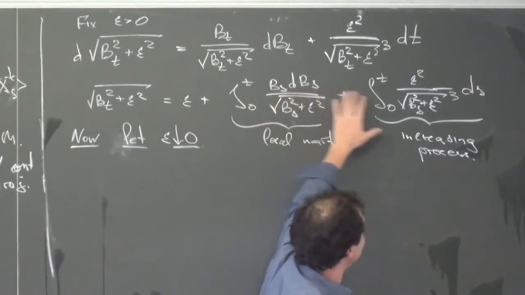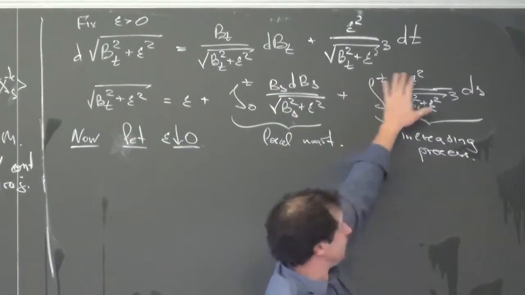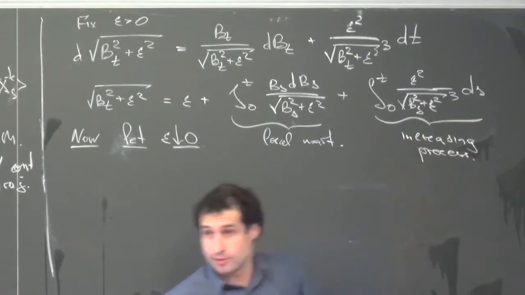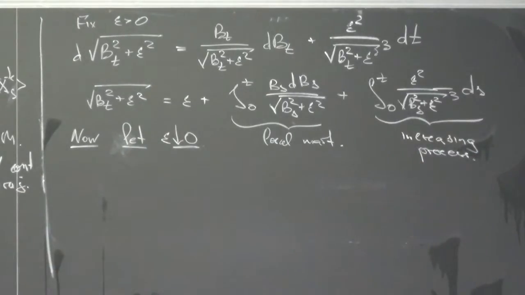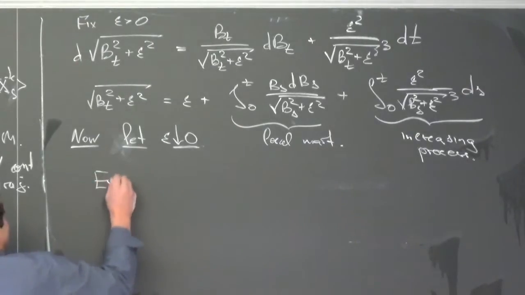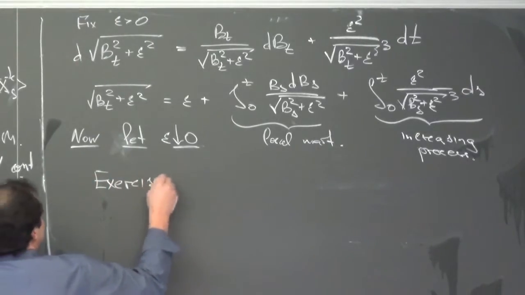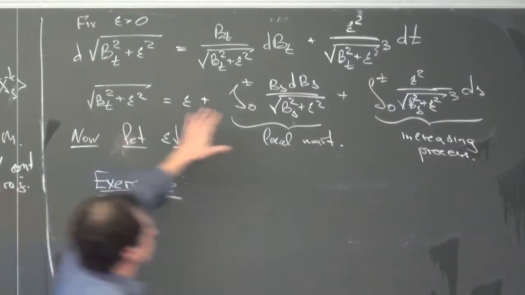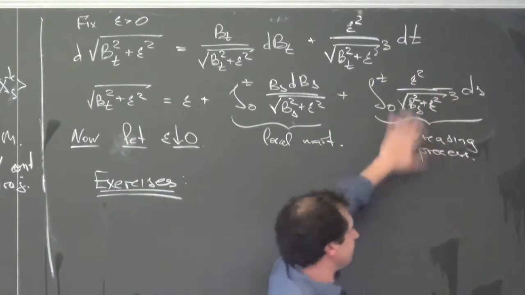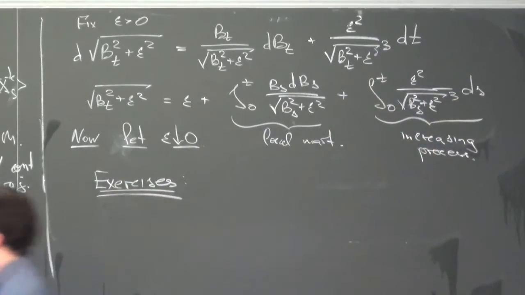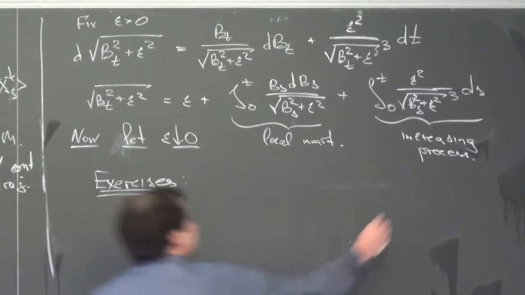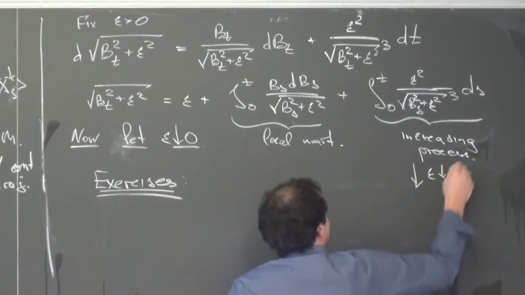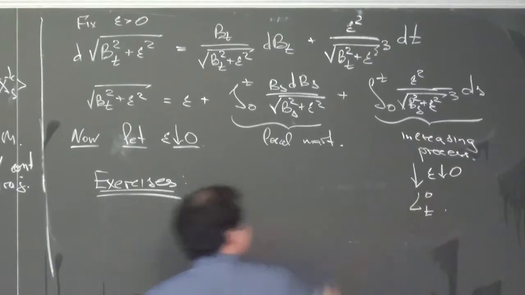Here is some local martingale, and here some increasing process. There is a discussion of that in the last exercise sheet. There is some technicality to prove that there is a convergence and there is some limiting process. Denote it L_t.